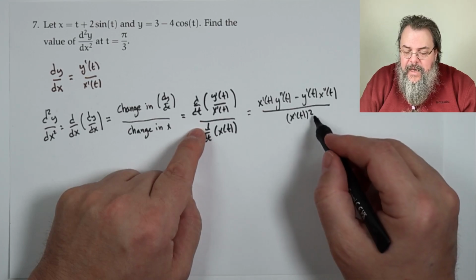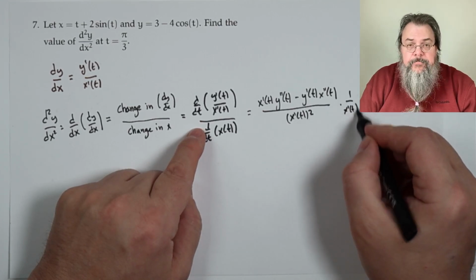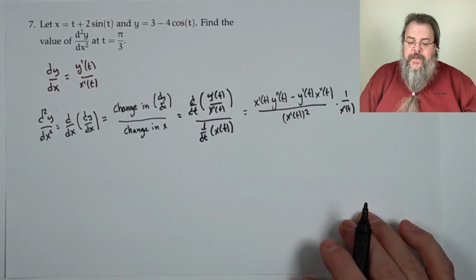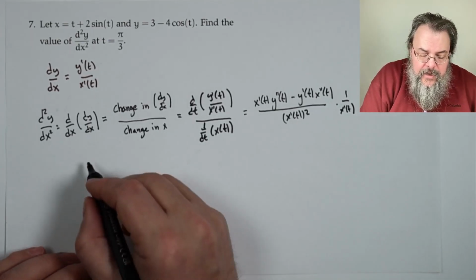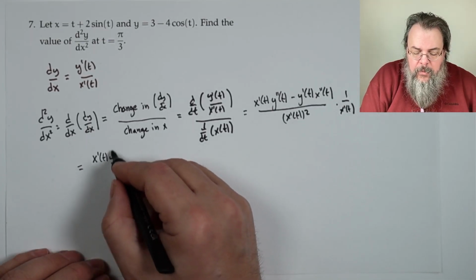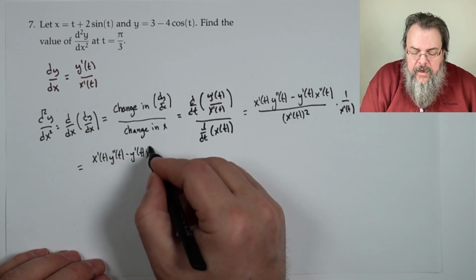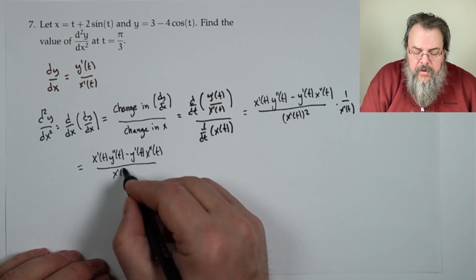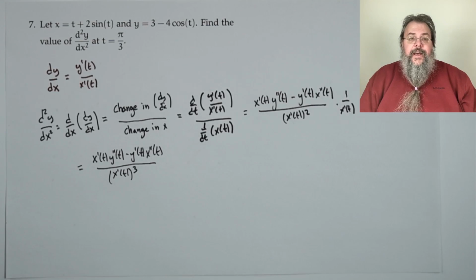So what's going to happen is there's another 1 over x prime of t. Okay, so that's what we have going on. And we can rewrite that as x prime y double prime minus y prime x double prime, over x prime cubed. Okay, good.